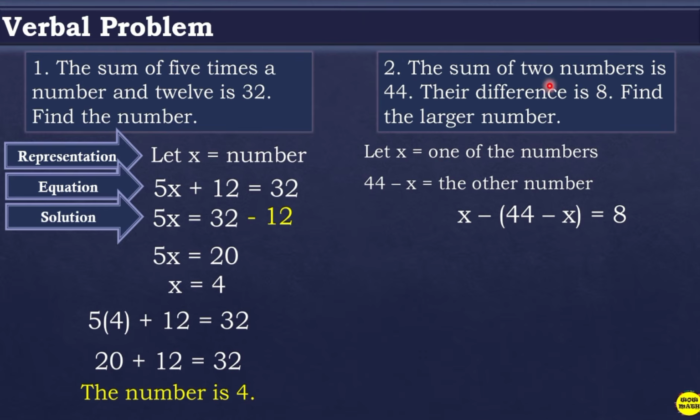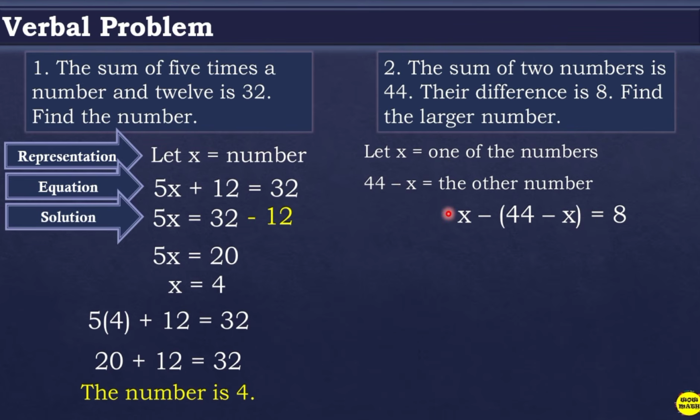Again ha, balikan kapag gumagawa tayo at nagre-represent tayo ng ating equation, balik-balikan nyo lagi yung given. Okay? So, dito tayo, their difference is 8. So, pag pinag-minus daw natin ito, ang lalabas ay 8. So, how will you represent the equation?